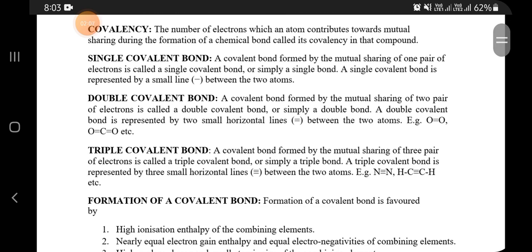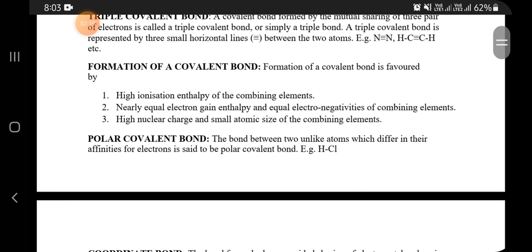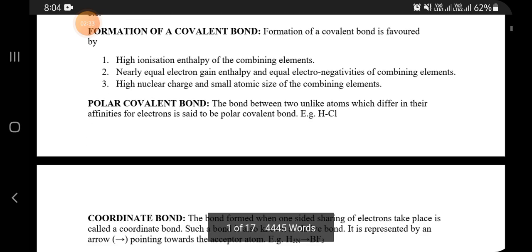Then single covalent bond, in which mutual sharing of only one pair of electrons takes place, and double covalent, in which mutual sharing of two pairs of electrons takes place, triple covalent, mutual sharing of three pairs of electrons. Factors affecting formation of a covalent bond are high ionization enthalpy, nearly equal electron gain enthalpy and equal electronegativities, then high nuclear charge and small atomic size.